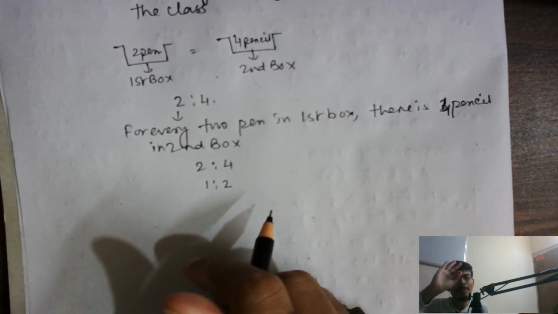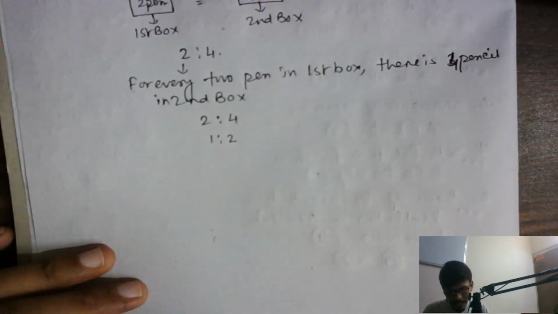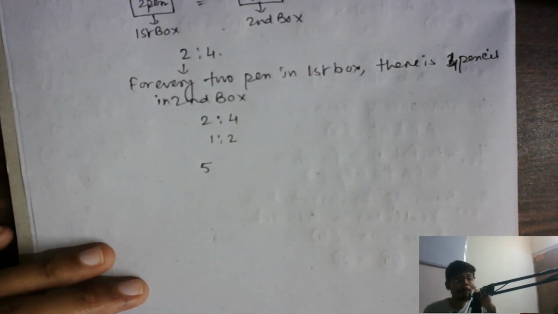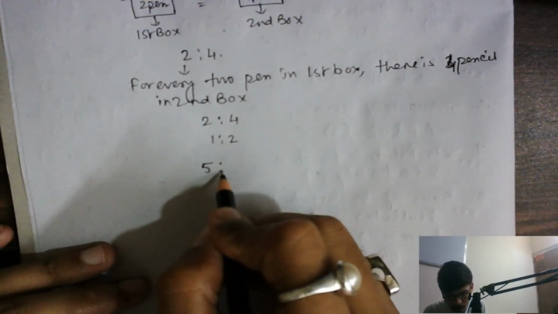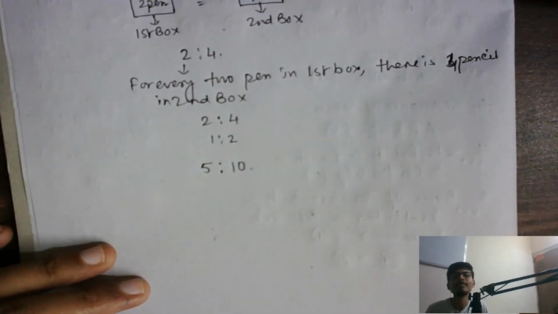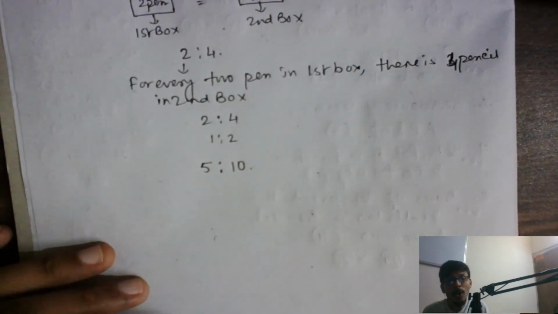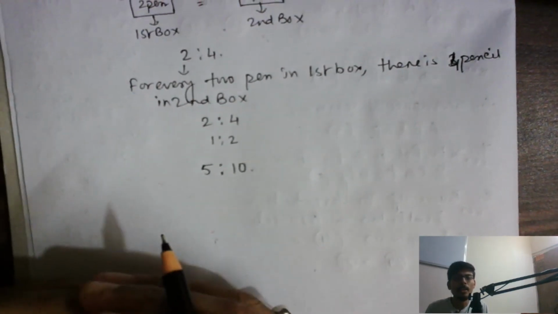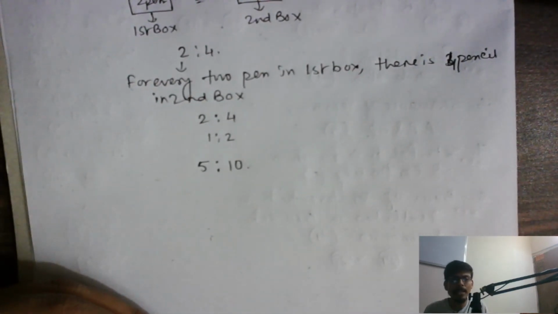Suppose I have 5 pens. How many pencils do we need to have with respect to the ratio? Sir, 10. See, it is called common ratios. If you increase the pens, you also have to increase the pencils in the ratio that they have.